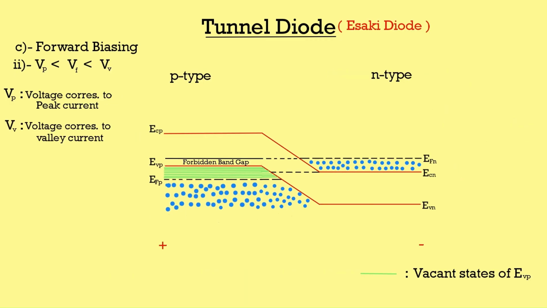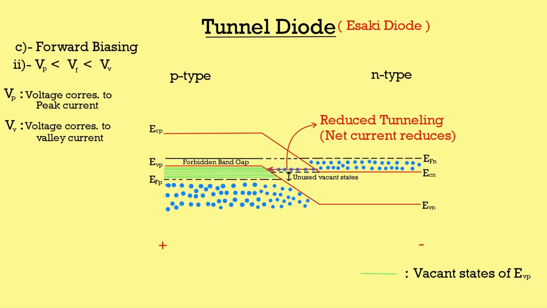We will see the second case when the forward bias voltage is greater than the voltage corresponding to peak current and smaller than the voltage corresponding to valley current. See the diagram very carefully. You can see the free electrons in the n-type region does not change, but the vacant states in the valence band of the p-type region just opposite to the energy states of the conduction band occupying free electrons have been reduced.